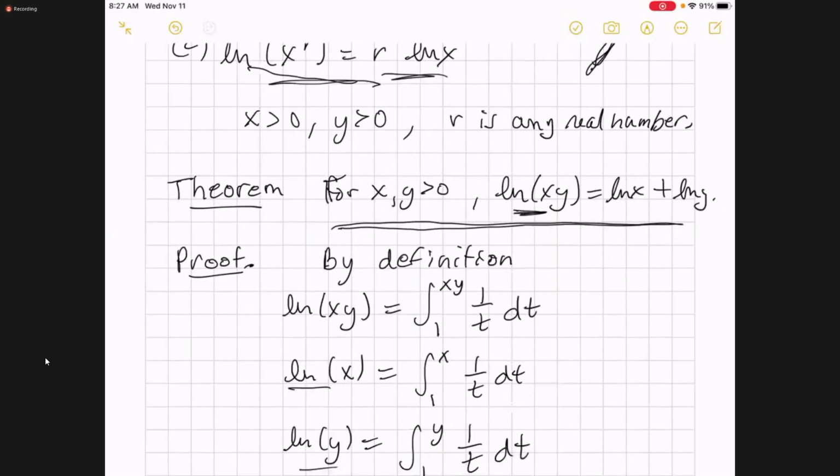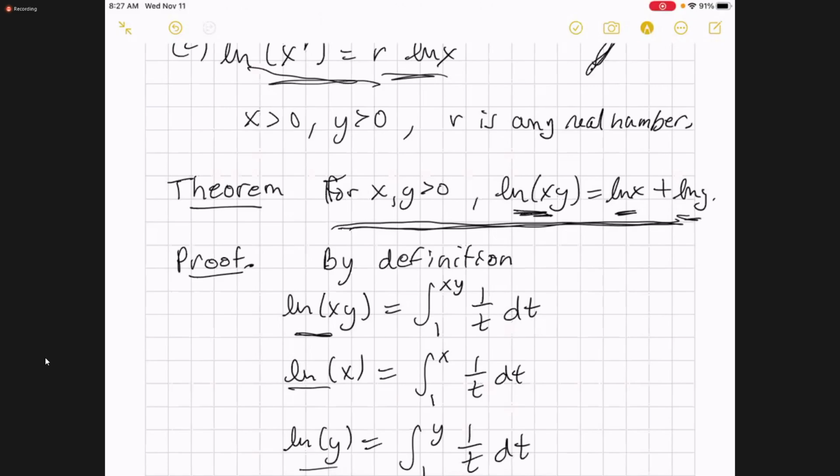So I got to start with my hypothesis and reach my conclusion. Really, my only hypothesis is that x and y are positive. But what is my definition of ln of xy? It is the definite integral from 1 to xy of 1 over t dt. My definition of ln of x is the integral from 1 to x of 1 over t dt.